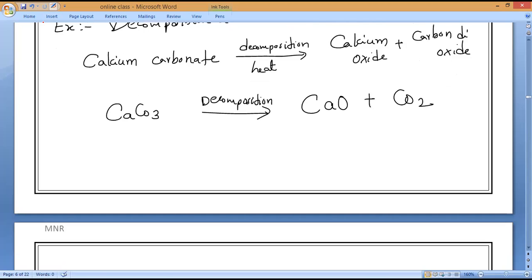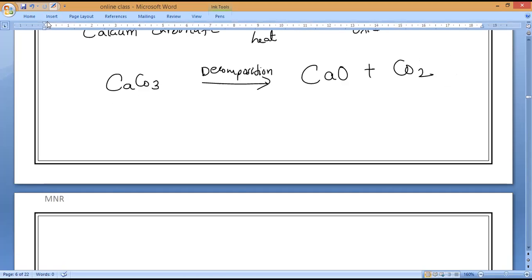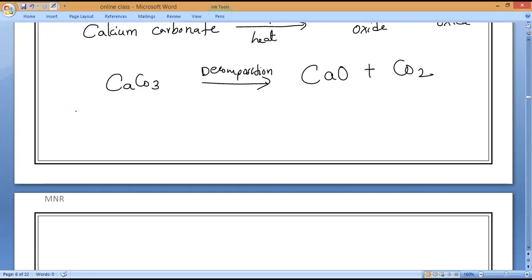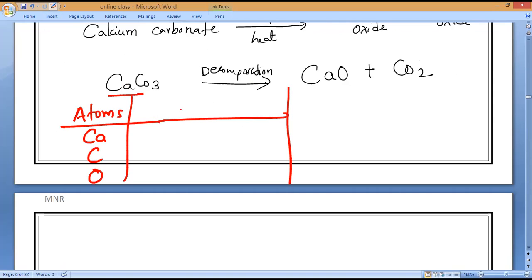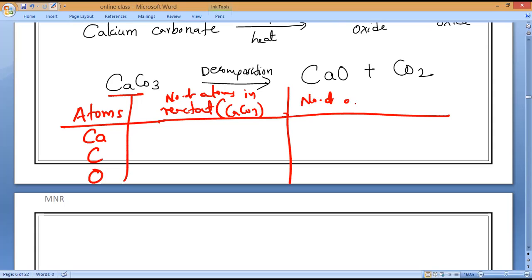So let us construct the number of atoms in reactants and the number of atoms in products. Tell me, what atoms are present here? Mitakshri, Harish, Akilan, what are the atoms? Calcium is present, next carbon is present, next oxygen is present. So let me take the reactant side: only CaCO3. Next, the number of atoms in the product side.